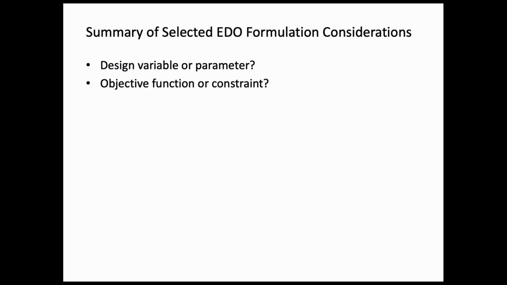If we include something as an objective function where there's really no value added by minimizing or maximizing it, then that really doesn't make sense in an engineering design optimization problem formulation.